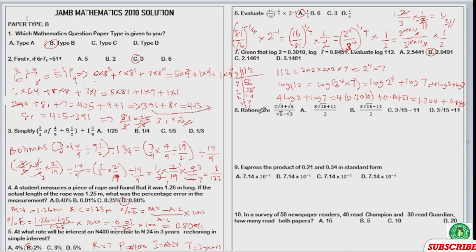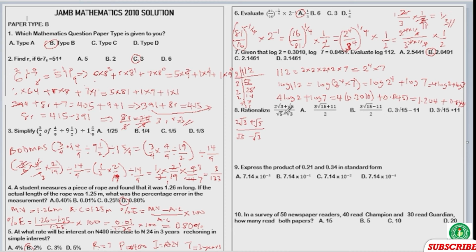Now this is rationalization of surds. How do we go about these questions? We have to write it out first: 2 root 3 plus root 5 all over root 5 minus root 3.